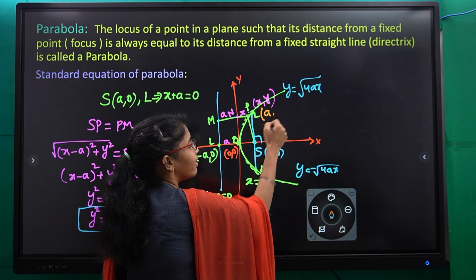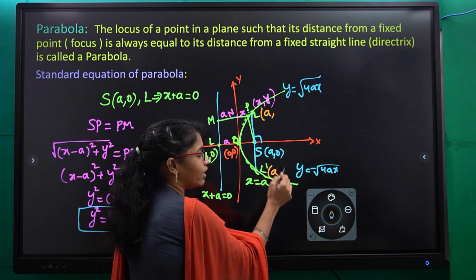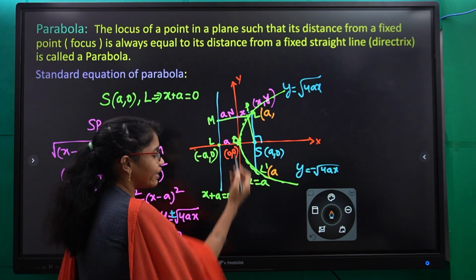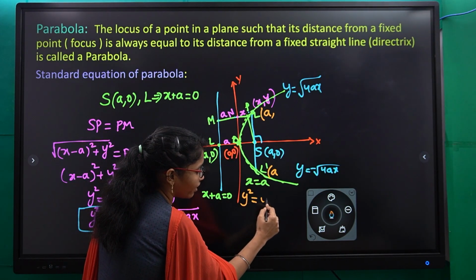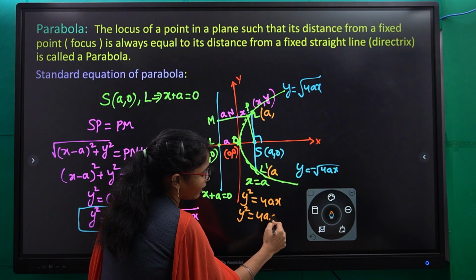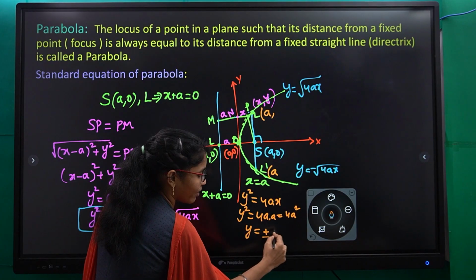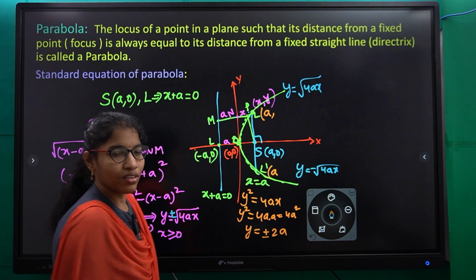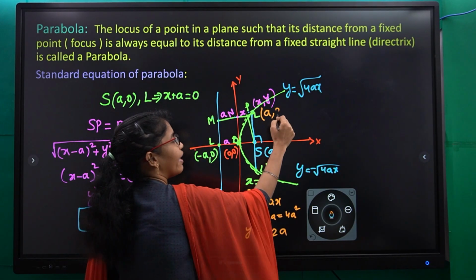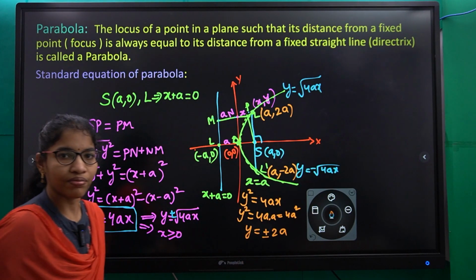What about the y coordinate? L dash is also a only. So substitute a in the given equation y square equals 4ax, right? So y square equals 4a into a, which means 4a square. So what about y here? y equals plus or minus 2a, or not? So plus 2a represents the L point and minus 2a represents the L dash point.